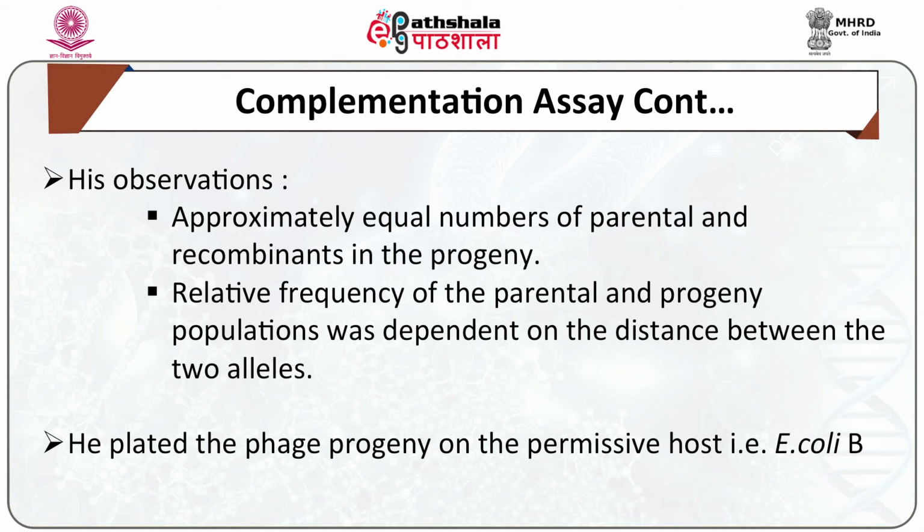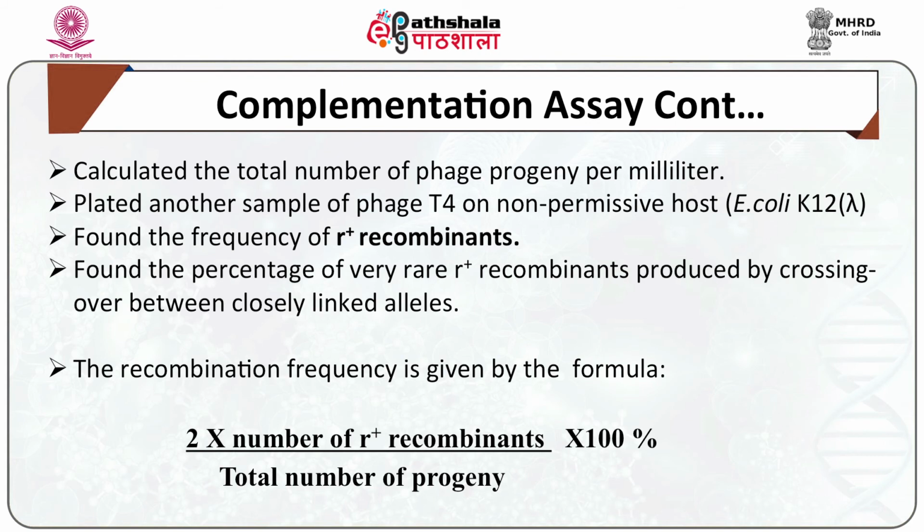He plated the phage progeny on the permissive host, that is E. coli B, and then from the total number of the plaques produced, he calculated the total number of the progeny per milliliter. Later on, he plated another sample of the T4 on the non-permissive host E. coli K12 lambda and found the frequency of the r-plus recombinant.